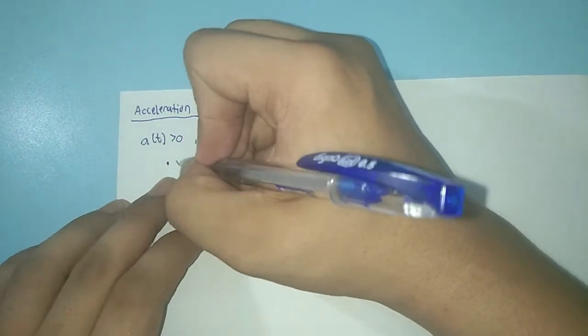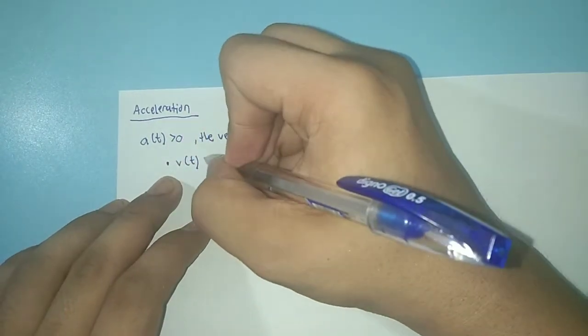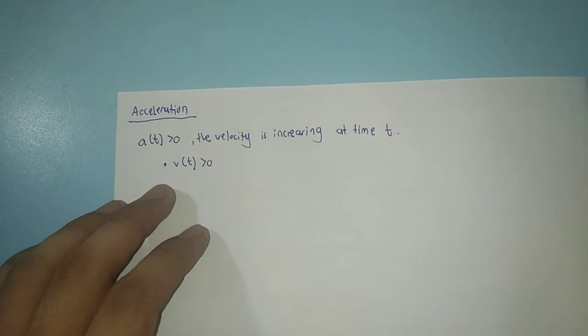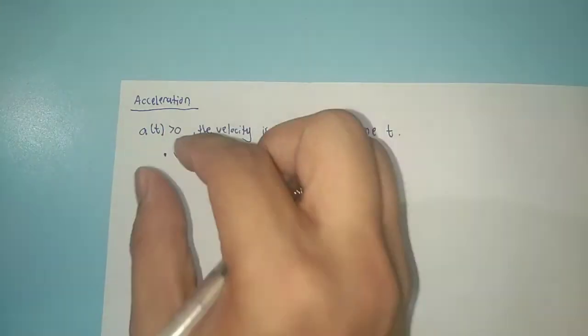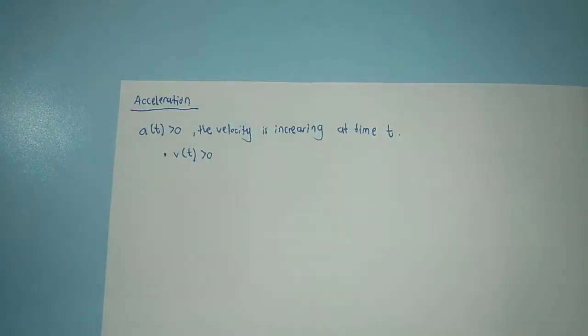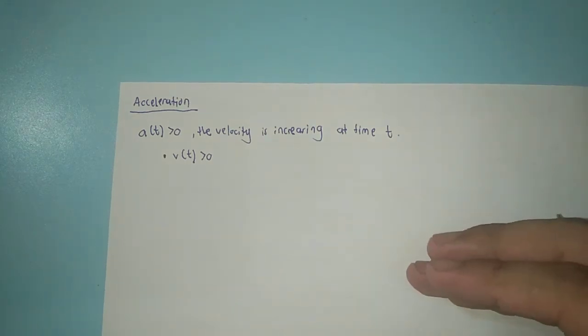First, when the velocity is greater than 0, or positive, with positive acceleration, it means the speed of our particle is increasing at time t.